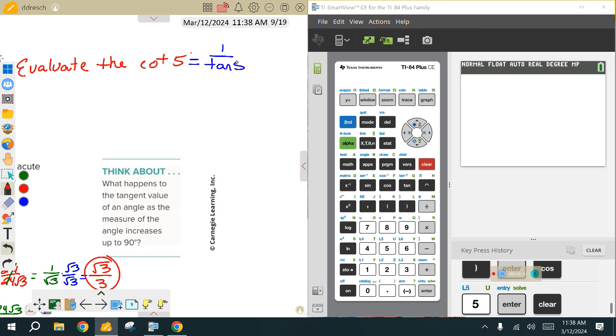It's the reciprocal of the tangent. So what your calculator can do is the reciprocal of tangent. So we're going to tell our calculator, hey calculator, go do 1 over tangent of 5 degrees. And it is going to spit out that number, okay?